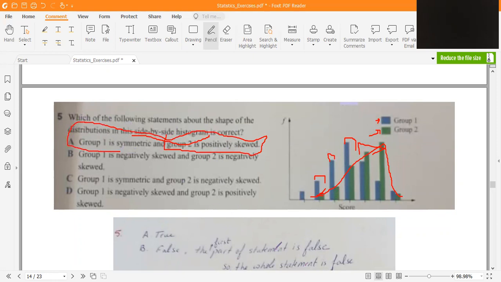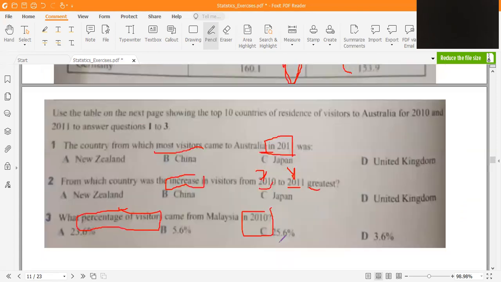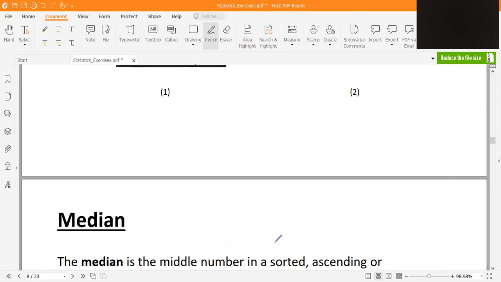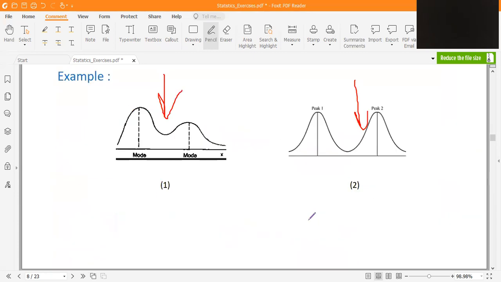So A is false. Positively skewed means the tail is on the right.